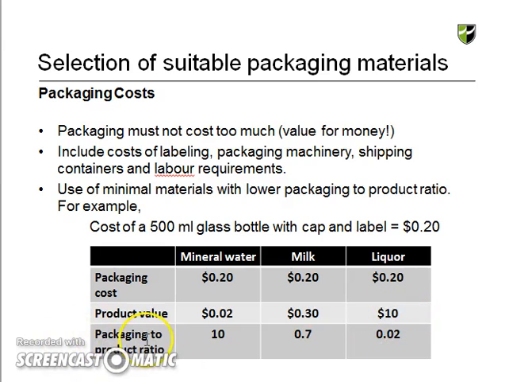So if you calculate the packaging to product ratio, which is to take the packaging cost divided by the product value, 20 cents divided by 2 cents will be 10 times for mineral water, for milk it will be 20 cents divided by 30 cents, which is 0.7, and for liquor it will be 20 cents divided by $10, which is 0.02. So you will find that liquor has the lowest packaging to product ratio and is most desirable if we look at the packaging cost.